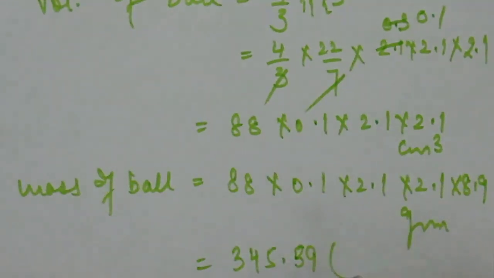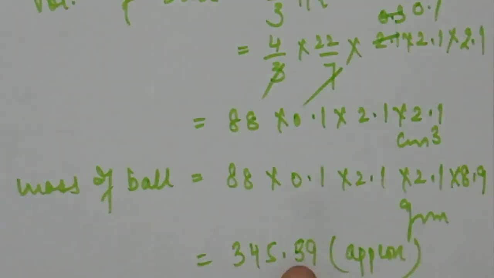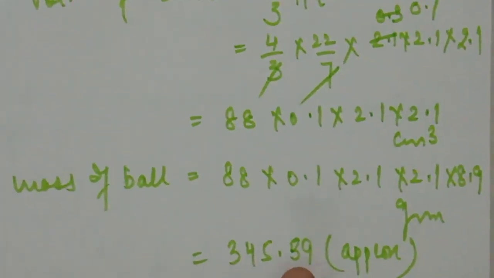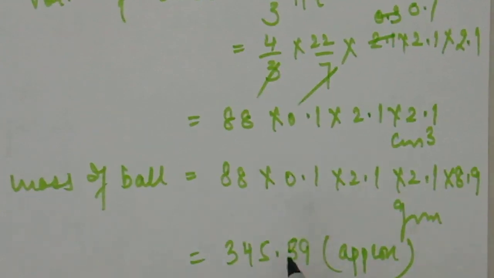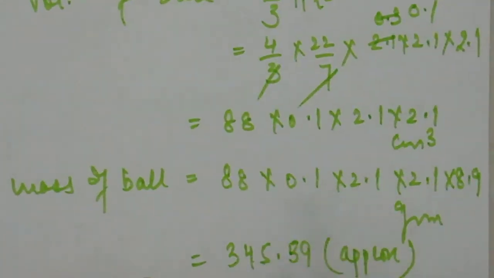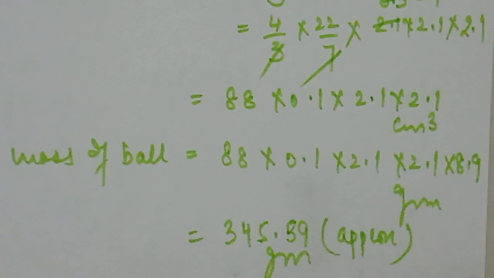It is not exact, it is approximate. If you get a little bit different digits after the decimal, then it is also okay. You have to match the answer 345, which must be there, and if there is a little change after the decimal, it is also correct. You can write approx in brackets with your answer. It is gram.